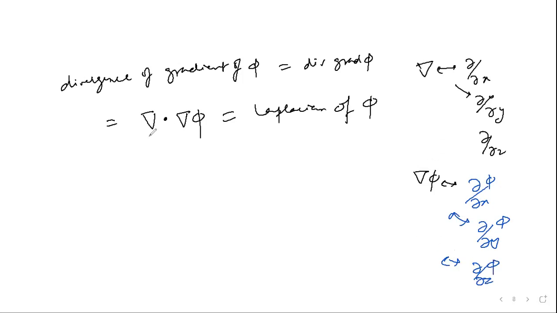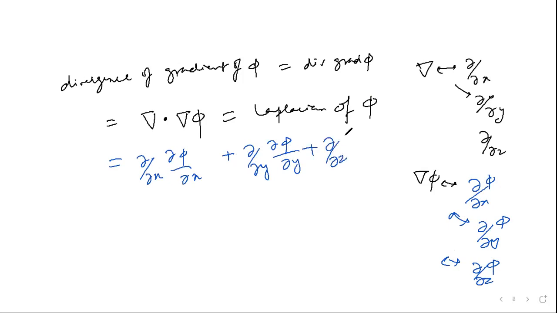So when you do the dot product, what will it become? Dou by dou x of dou phi by dou x, dou by dou y of dou phi by dou y, dou by dou z of dou phi by dou z.